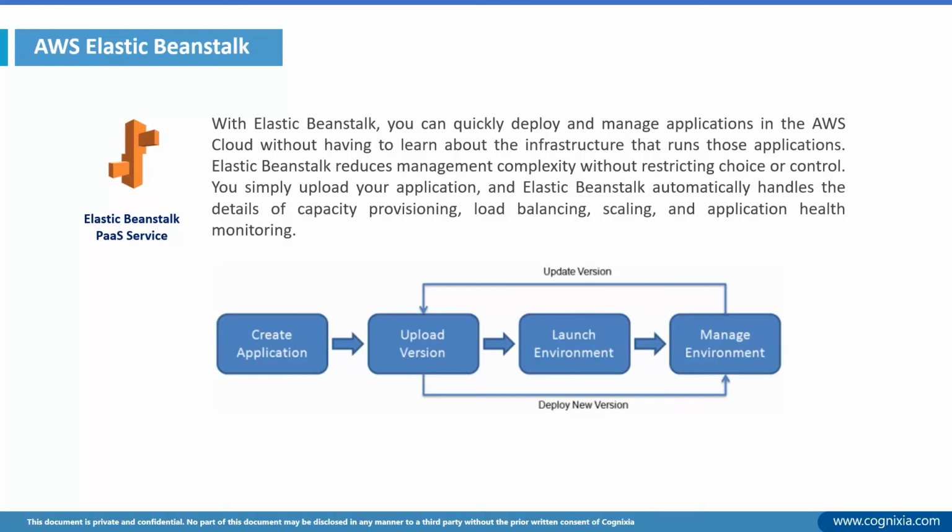With Elastic Beanstalk, you can quickly deploy and manage applications in the AWS cloud without having to learn about the infrastructure. If you don't know how to create a virtual machine or the network or other resources to run your application, you can use Elastic Beanstalk.